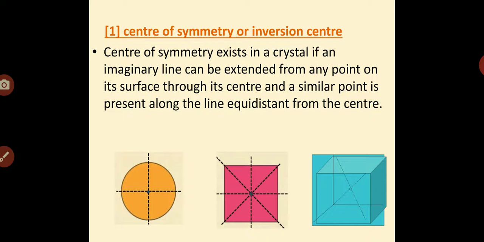Here for a circle, we can have its center that satisfies the condition for center of symmetry. In the last picture, the center of the cube is one from where we can draw lines. If we draw a line to one side, we can see another point equidistant from the center opposite to it. That represents center of symmetry or inversion center.